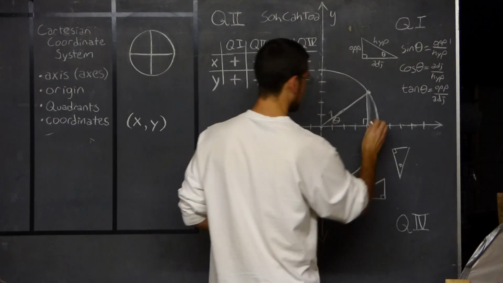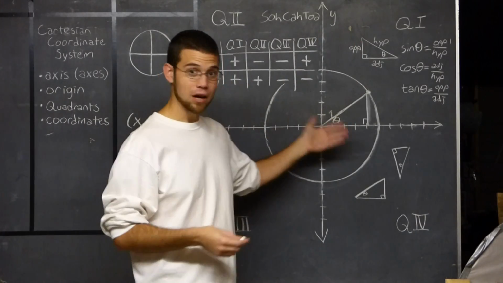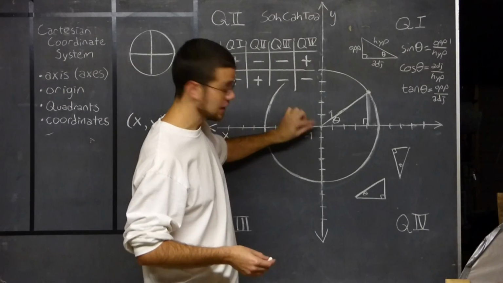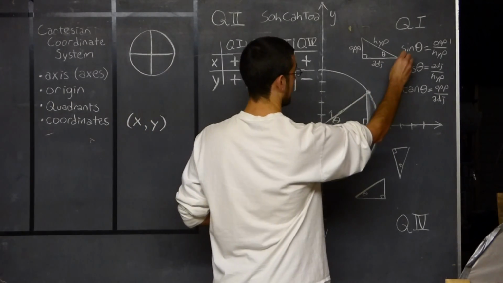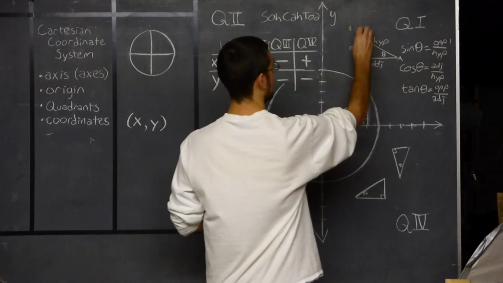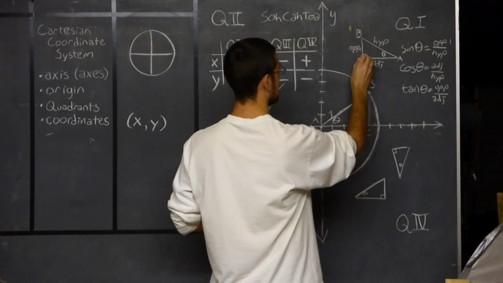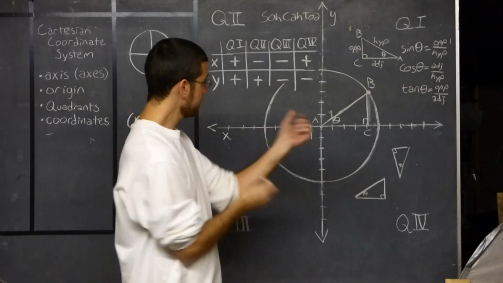Alright, so let's say that's our triangle, and we have now located this angle theta so that the vertex is at the origin, and so we'll label this the origin A, B, C. A right angle is at C. Okay?